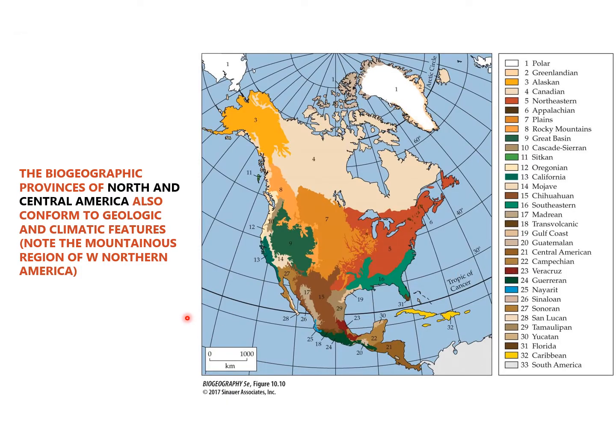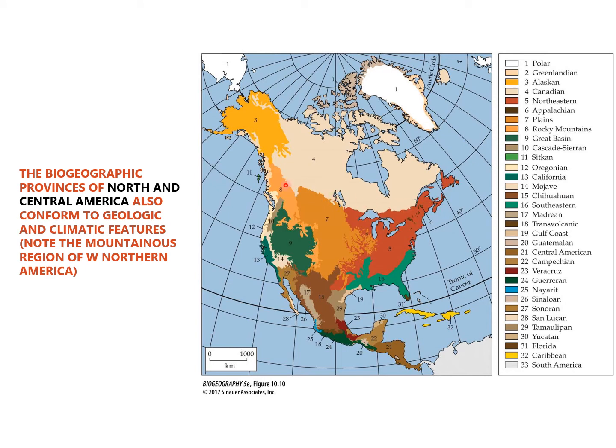Similarly, if we're looking here in North America at our biogeographic provinces, we can again see that they conform really closely to the geologic and climatic features. So if you're looking at the eastern United States and into Canada here, there's basically only two biogeographic provinces, and maybe three if you want to draw a line all the way through North America.